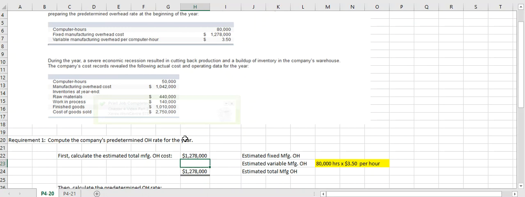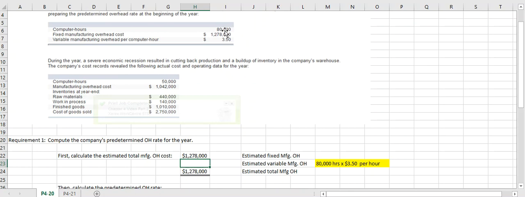The next thing we need to know is our variable manufacturing overhead that's estimated. We go up here to our chart. They don't give us an amount for total variable overhead. They're giving us an amount per computer hour of variable manufacturing overhead. So we know how much they think it costs in overhead every time they use a computer for an hour. We also have an estimated number of computer hours that we think we're going to use through the year.